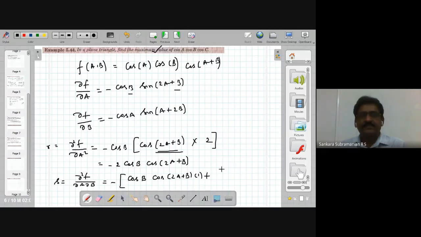Plus, fixing the next function sin of 2A plus B, differentiating cos B you get minus sin B into 1. If you want to put a plus, then this becomes minus and this becomes plus.